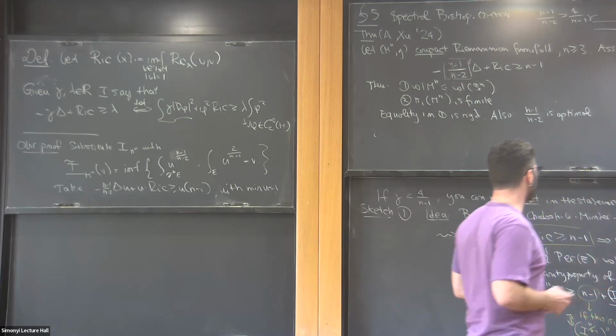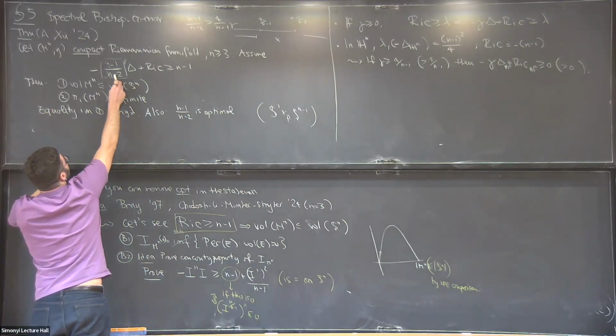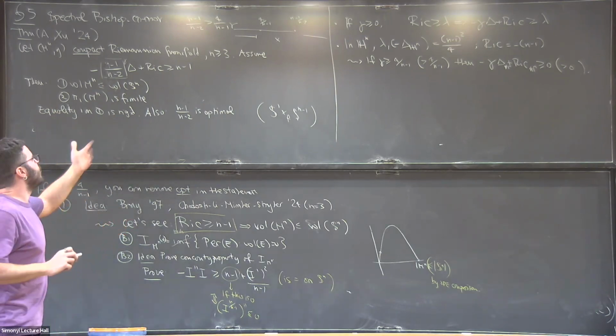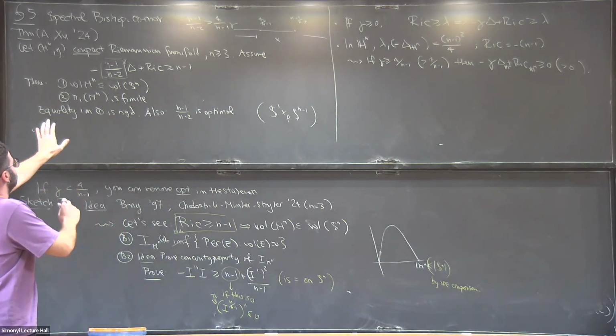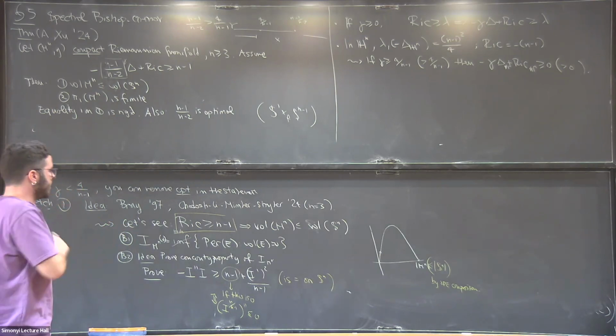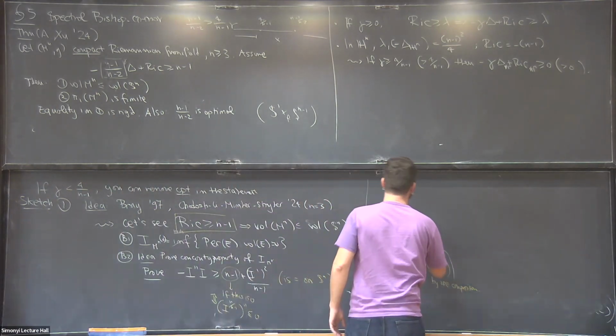No, but just one word on the diameter. The diameter is missing here because with this number, you can't have a uniform upper bound. Uniform means it will only depend on the dimension, basically. But what we proved is this.